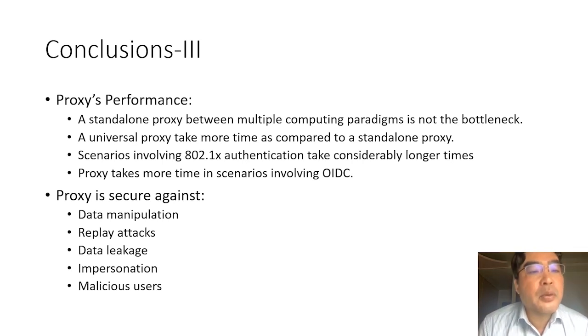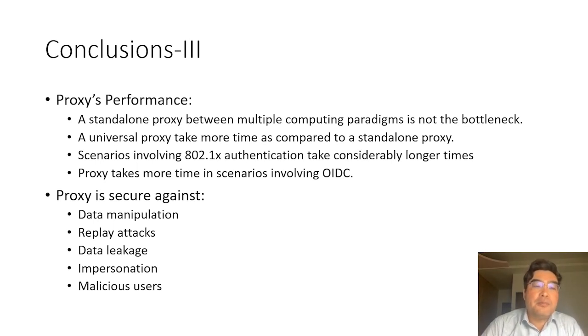Certainly, we need to do more study on performance, I mean, how scalable it is. If I have not just a few UEs, but thousands or tens of thousands of UEs doing third party or even fourth party authentication, what will be the capacity requirement on the proxy?